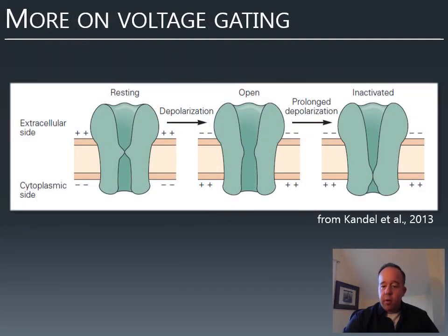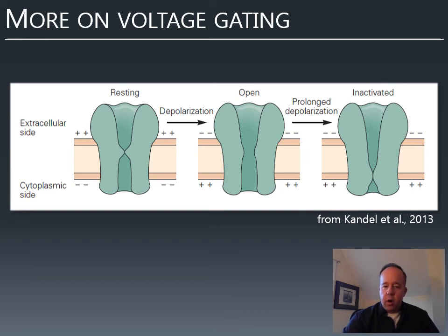And voltage gating, a voltage gated channel, means that it is sensitive to the difference in charge across the membrane. So normally, we've already seen there's more positive charge outside than inside. So your membrane potential is a negative number, in our case minus 65 millivolts. And under that condition, the channel is closed.